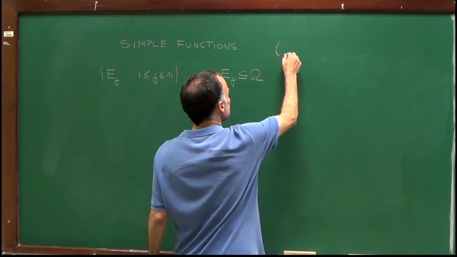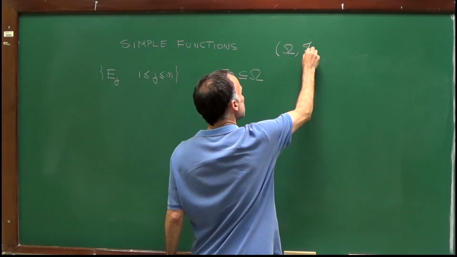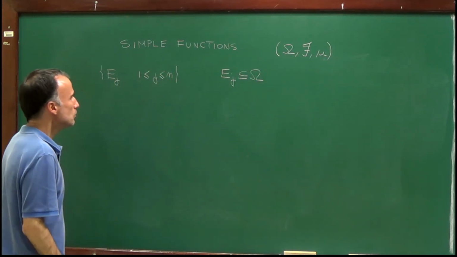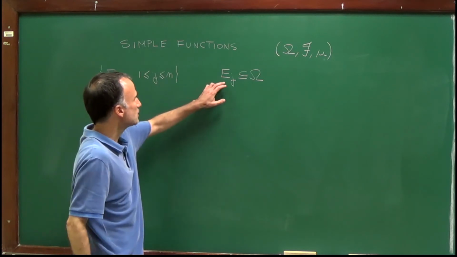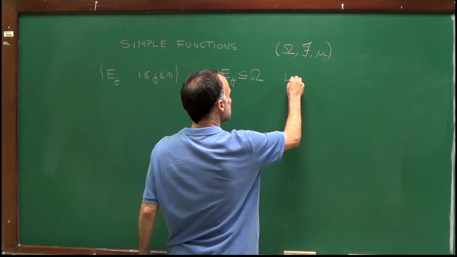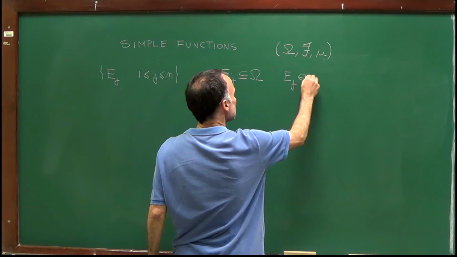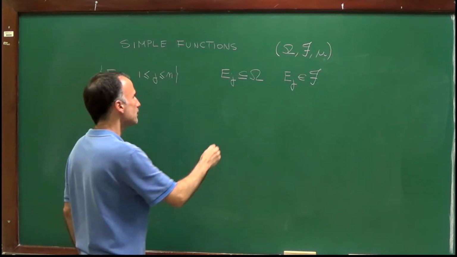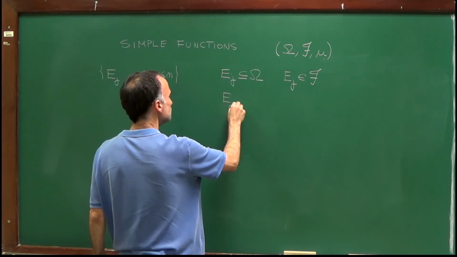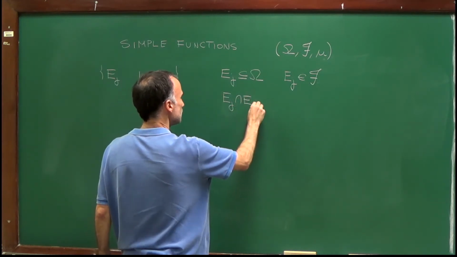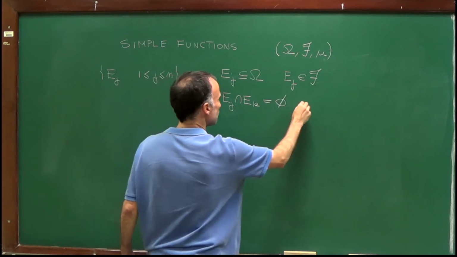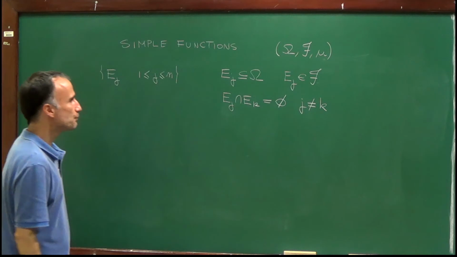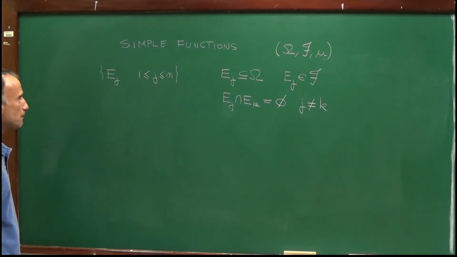Again, remember that we are working with a set omega, a sigma algebra, and a certain measure mu. Assume that these E_j are all subsets of omega which belong to the sigma algebra F, and that they are disjoint two by two. So the intersection is empty if j is different from k.